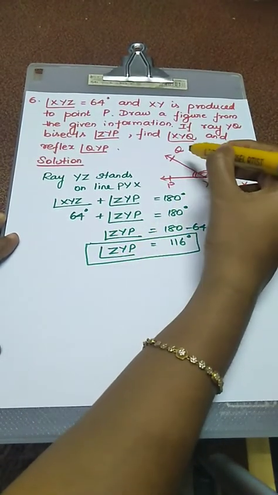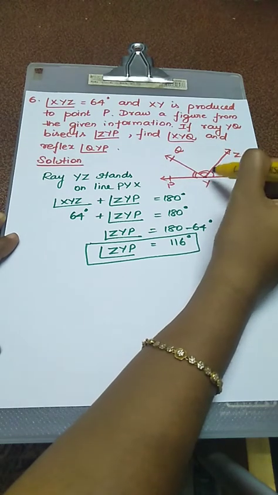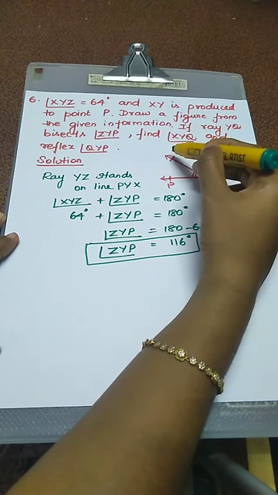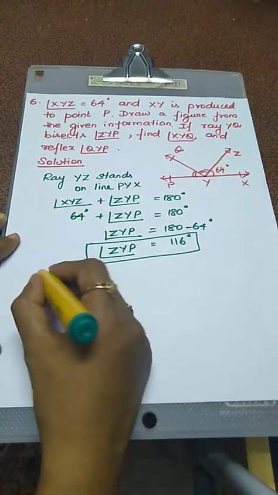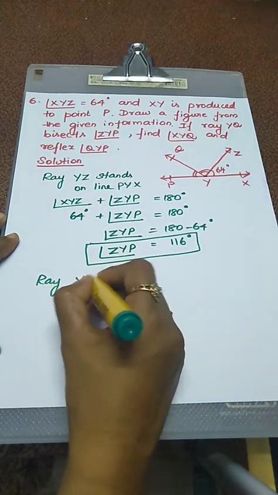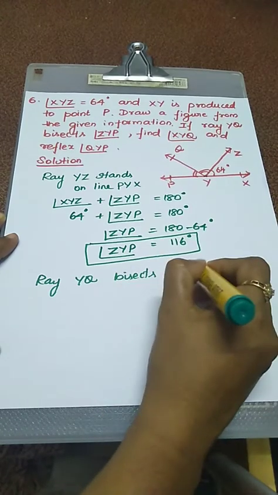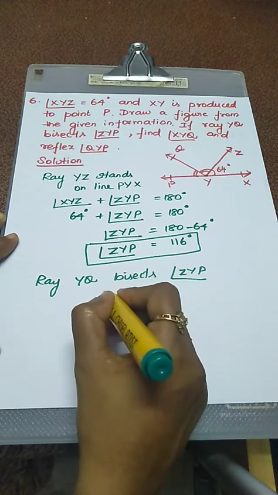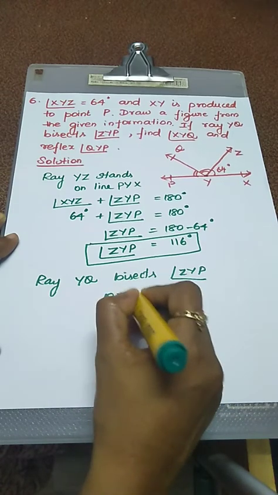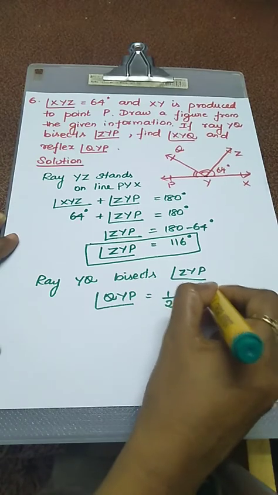Next, actually ray YQ also stands on ZYP, isn't it? Actually ray YQ bisects ZYP. Ray YQ bisects ZYP. That is actually the given condition only. So we have to write QYP is equal to half of ZYP.